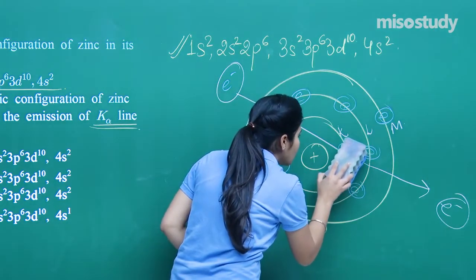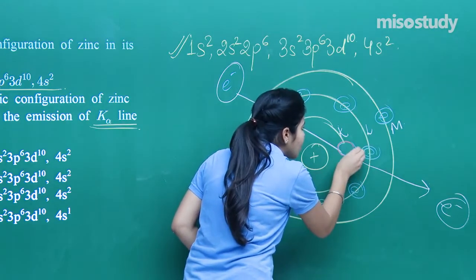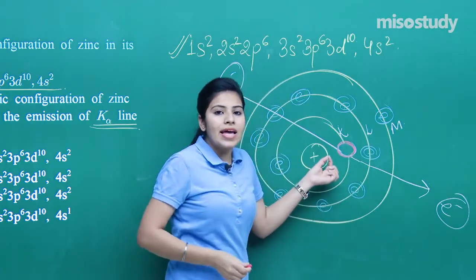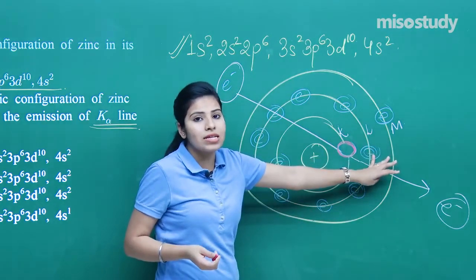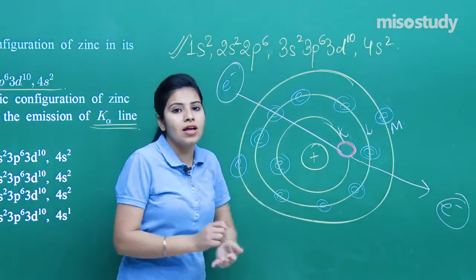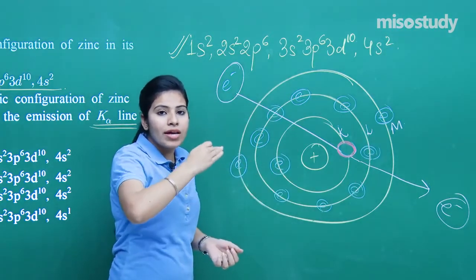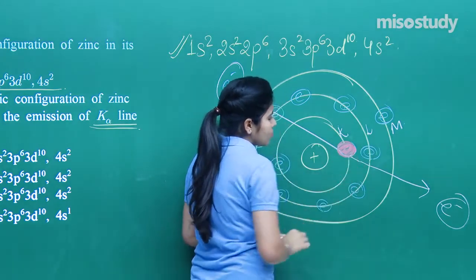So that means you are having one vacancy here. When there is one vacancy, what will happen? The electrons that are present in the L shell or the M shell, that means in the higher shells, will come to the inner shell and fill this vacancy by their presence.